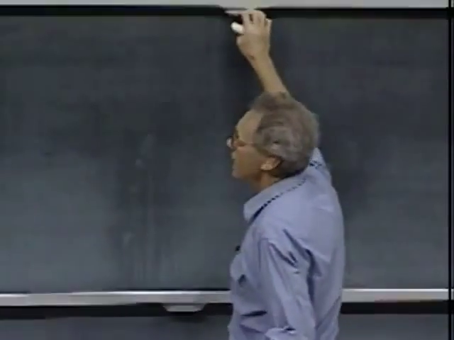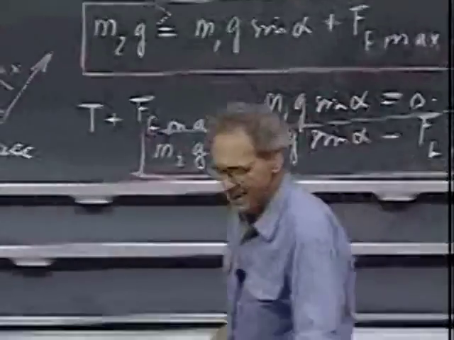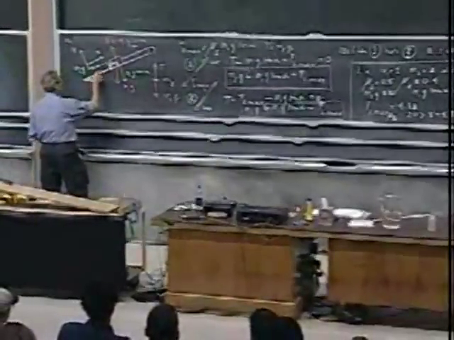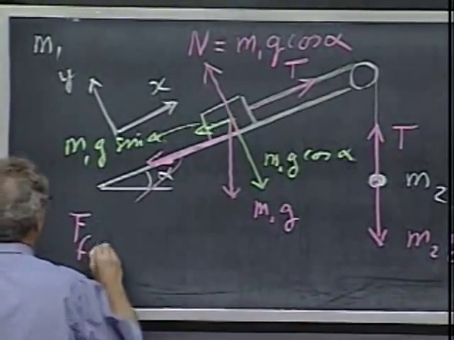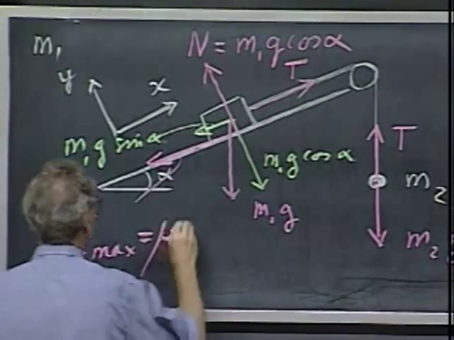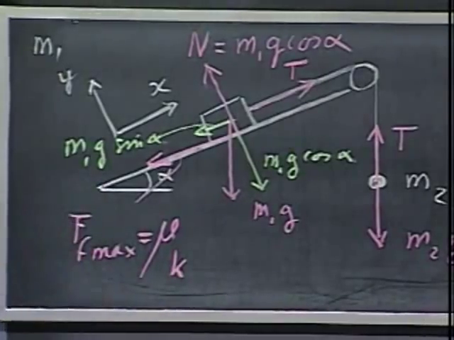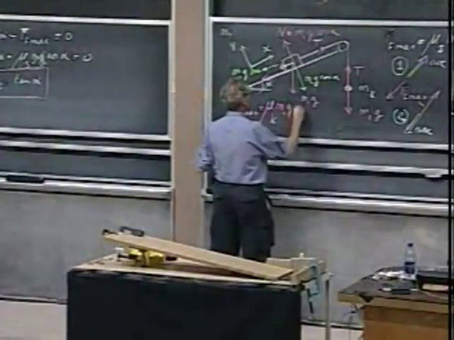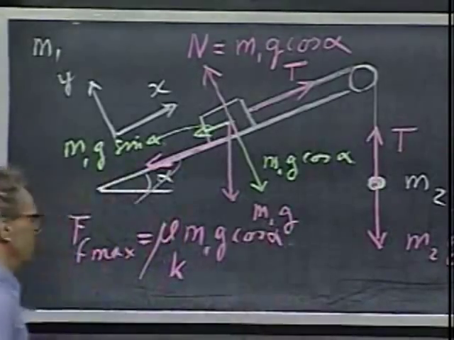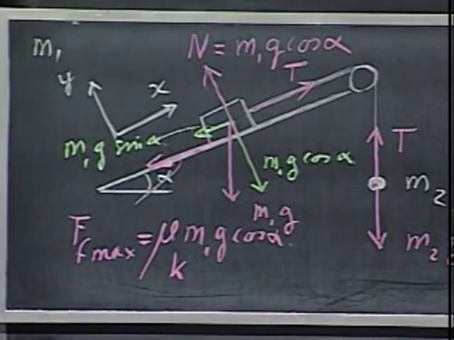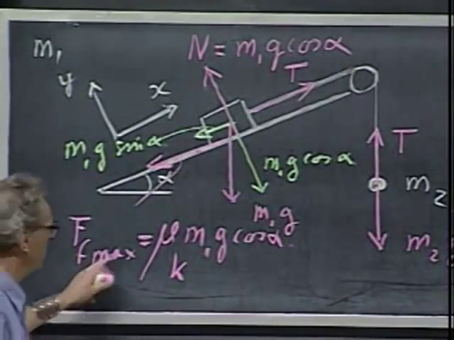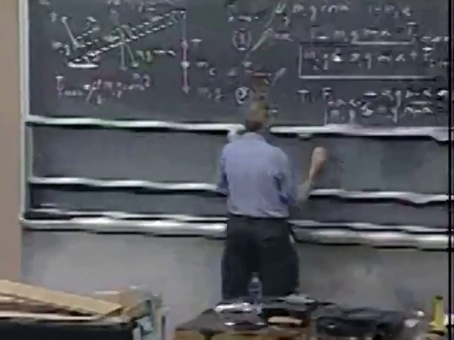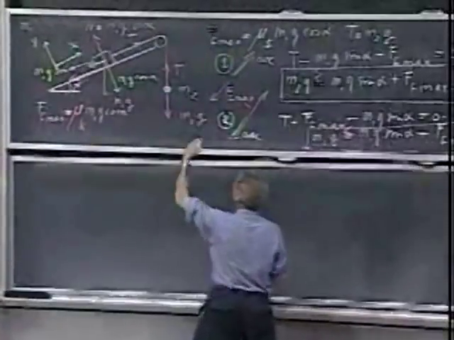If it is going to be accelerated uphill, then I know that this is the maximum friction possible, which now becomes mu kinetic, because it's going to move, times m1 times g times cosine alpha. So that is already one change. It is moving, for sure, it's going to be accelerated, so the frictional force is in this direction, has this value. So let's write down Newton's second law in the x direction.